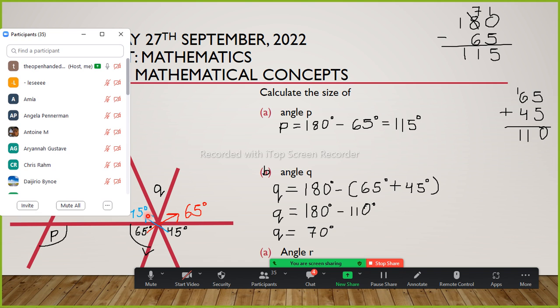Yes, sir. Do you understand how we got 45 for the side? Yes, sir. Okay, good. So what we do, we add the 65 and 45.